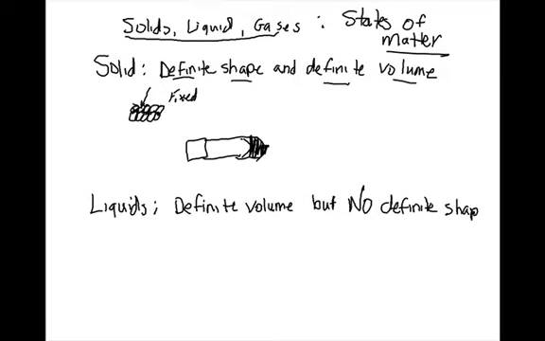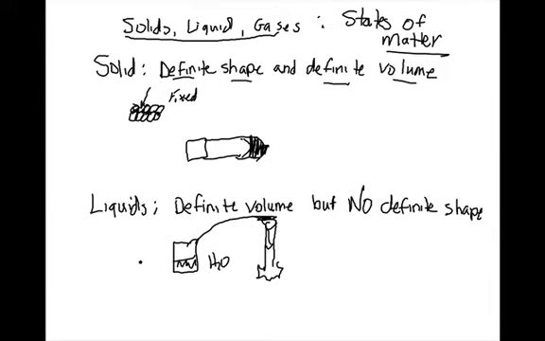Alright, so let's take water, for example, and let's put it into a beaker. So inside here is going to be our water. And if we take this water and we put it into a smaller graduated cylinder, it is going to maintain the same volume.